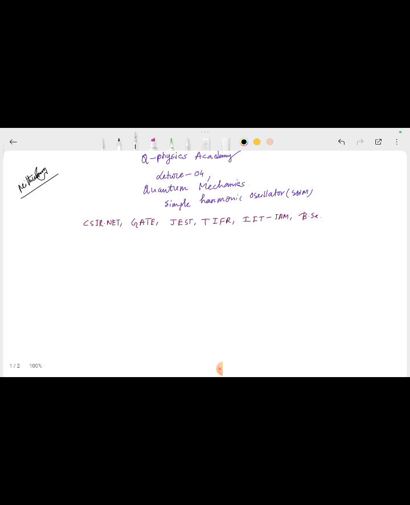Don't worry. In the previous class, we had discussed the ground state eigenfunctions of the harmonic oscillator, and I gave you homework to use the properties of gamma functions and derive the last few lines of the ground state eigenfunctions.